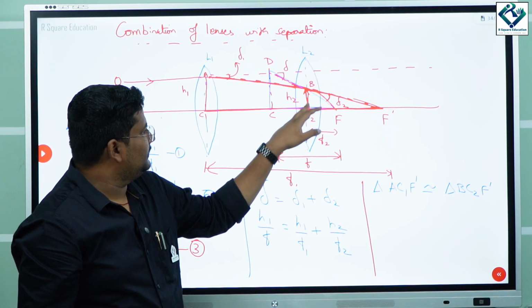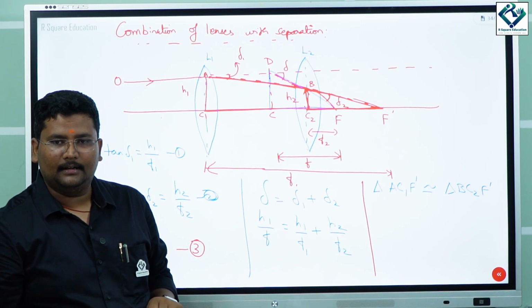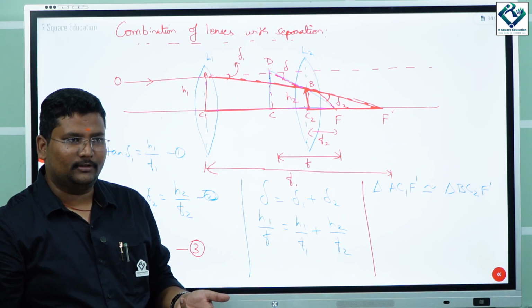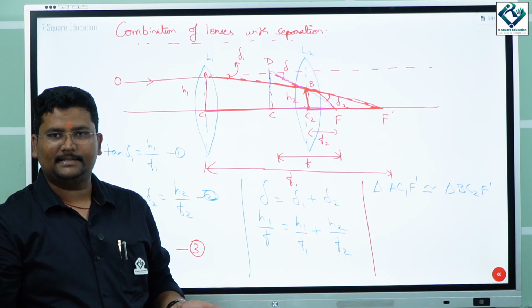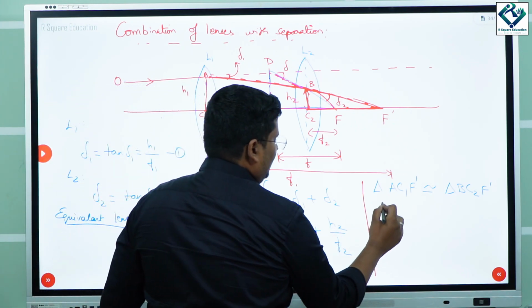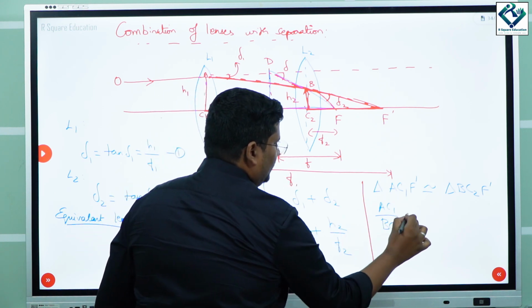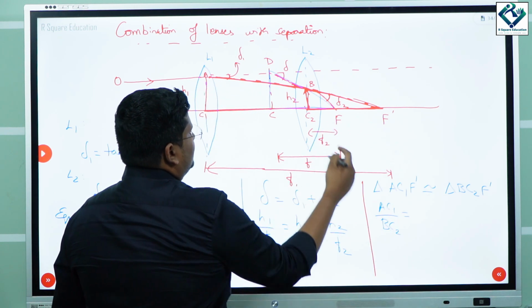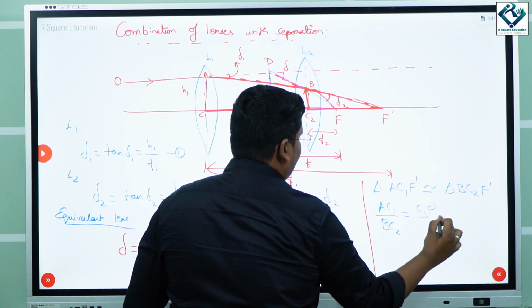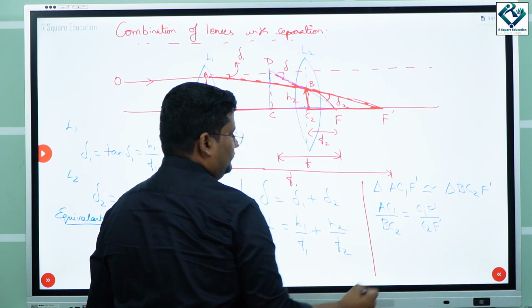This triangle will also be similar. So what can I take? Ratios of heights is equal to ratios of bases. Correct? So taking the ratios of heights, AC1 divided by BC2 will be equal to C1F dash divided by C2F dash.